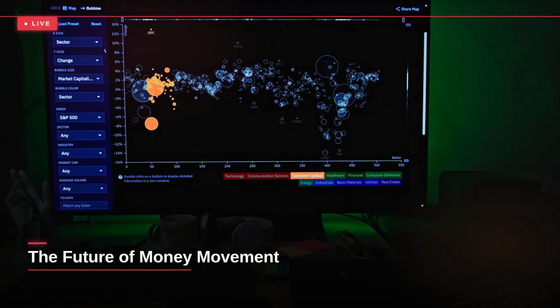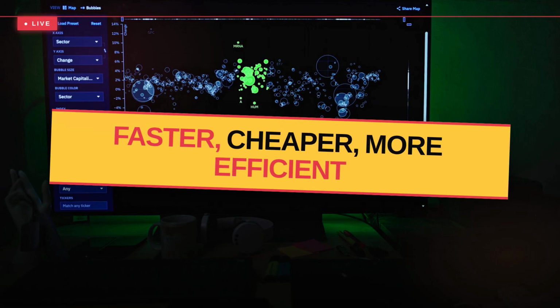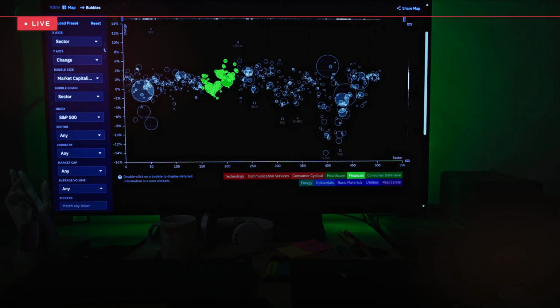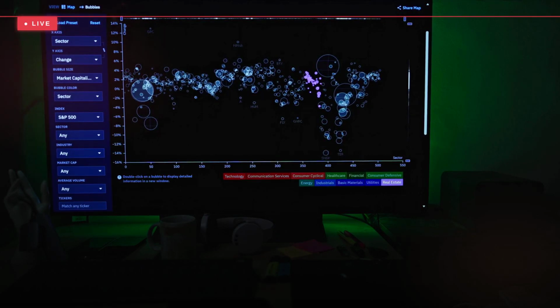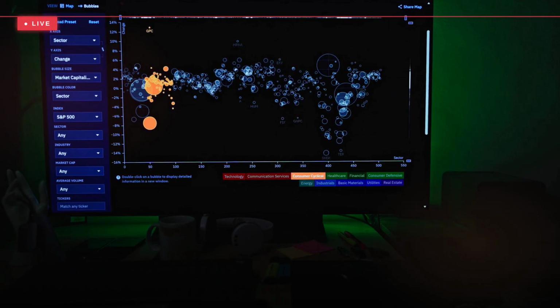What does the future hold for money movement? Trends suggest continued digitalization, greater integration of AI and machine learning, and increasing exploration of blockchain and central bank digital currencies, CBDCs. These innovations promise even faster, cheaper, and more efficient cross-border payments.